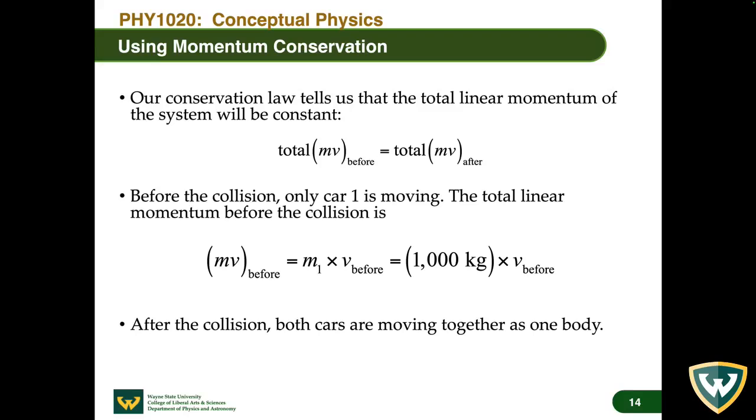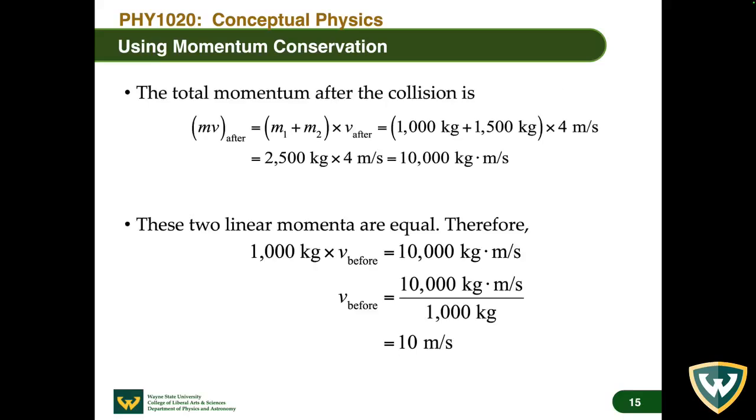After the collision, both cars are moving together as one body, at least for a short amount of time. So after the collision, MV is M1 plus M2, the two masses, moving together at the same speed, V after.